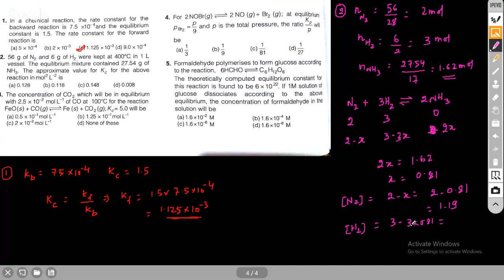Okay. Where it is 2 minus 2x. Where it should be 2 minus 2x.